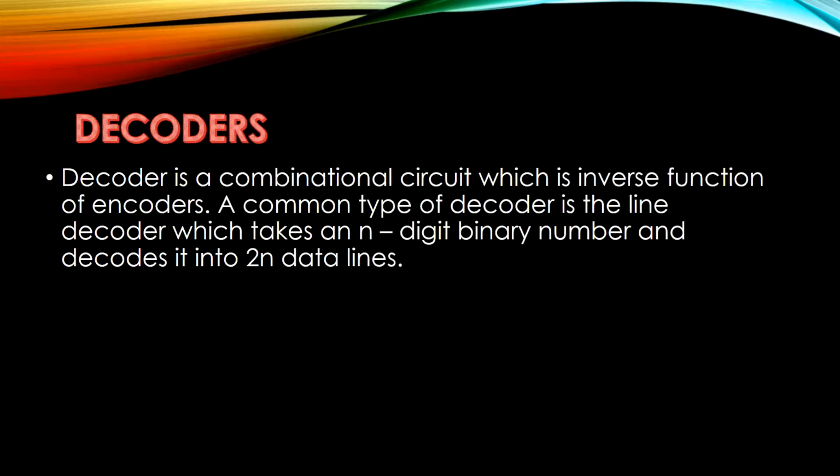Now move to decoders. Decoder is a combinational circuit which is the inverse function of encoders. A common type of decoder is the line decoder, which takes an n-digit binary number and decodes it into 2 to the power of n data lines.